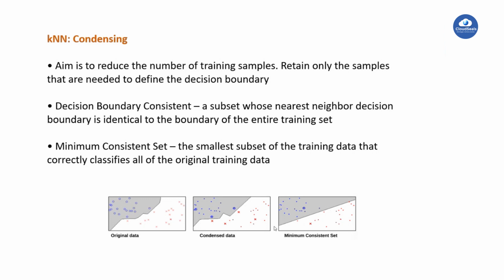What is the difference between these? We'll explain here. The aim is to reduce the number of training samples and retain only the samples that are needed to define the decision boundary. There might be some points, for example these 2 points and these 2 points, which are giving some confusion while setting the decision boundary.